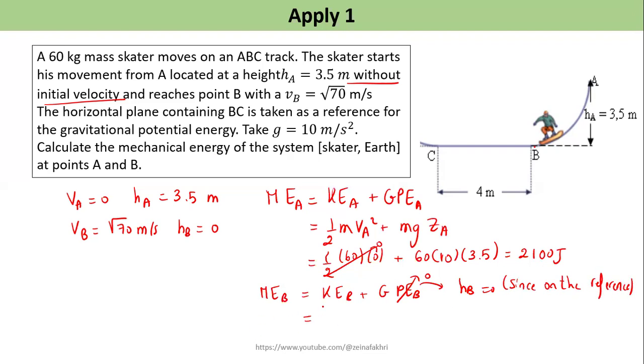Now we continue here. So it's half m VB square, which will be half, the mass is 60, and radical 70 all square, which will give us also 2,100 joules. Now we notice that we have the same answer. We will talk about it in the next video.